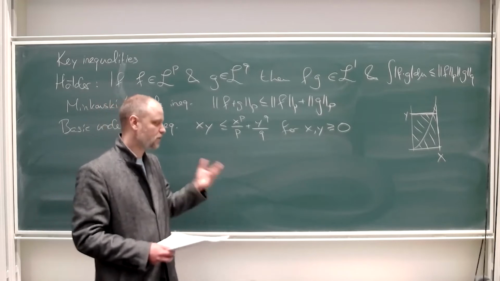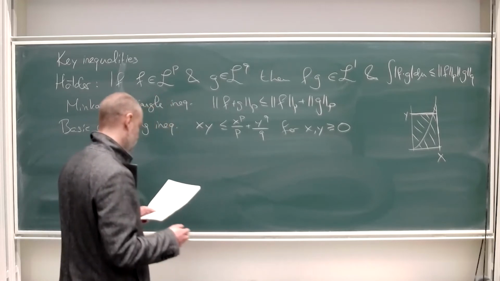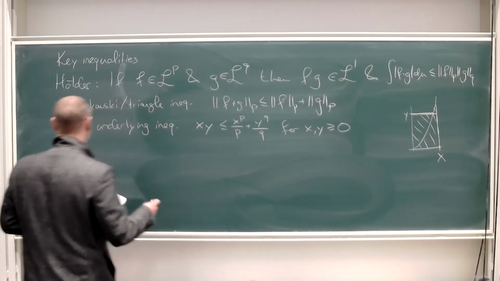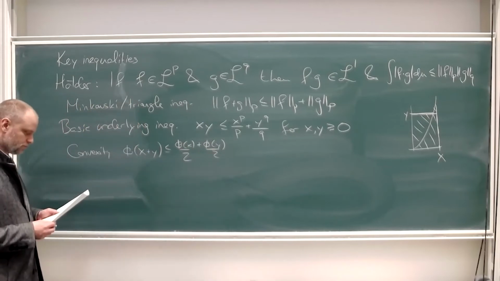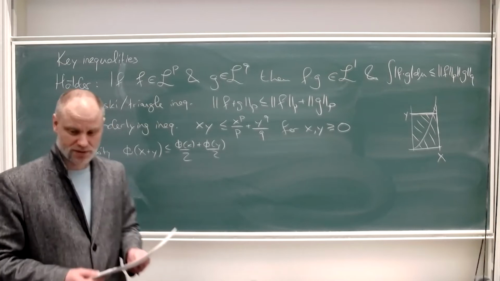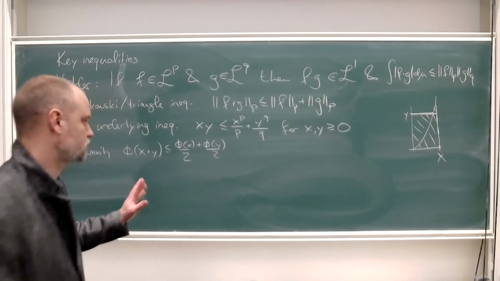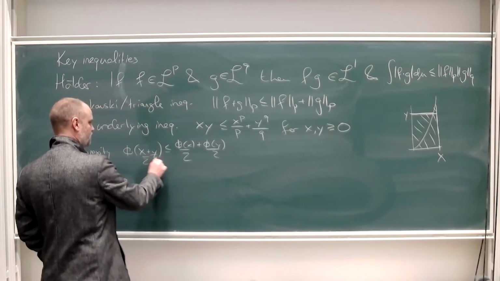Okay, so your convex function. I'm not going to go into that, but, a convex function. Sorry, that was wrong. Let me just mention, I didn't want to do this, I have to put a half here and a half here as well.